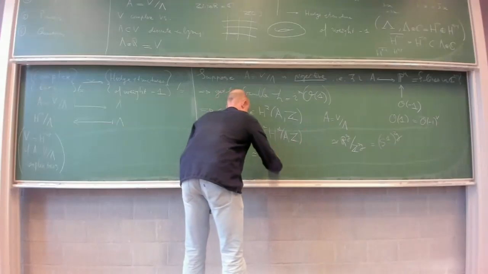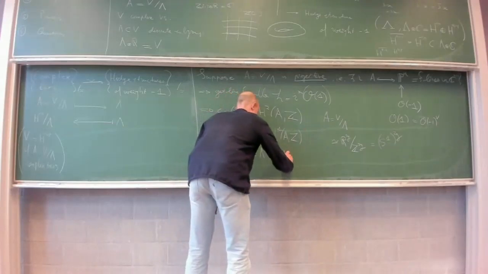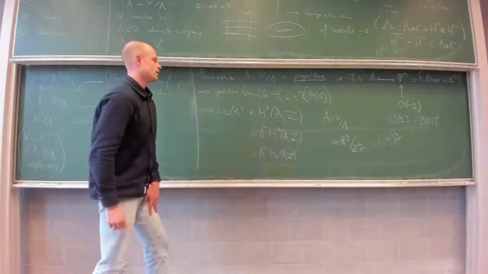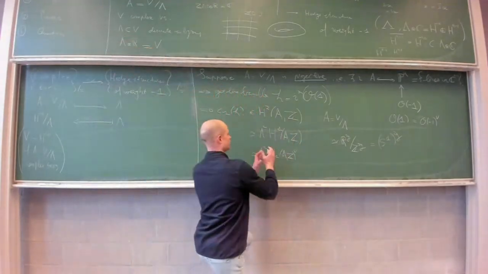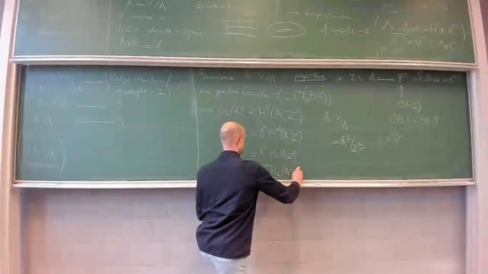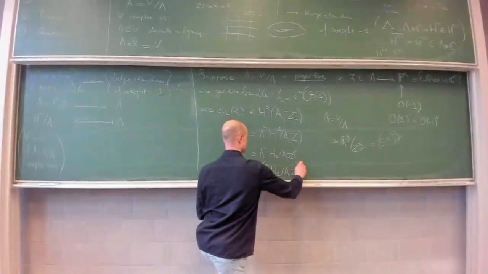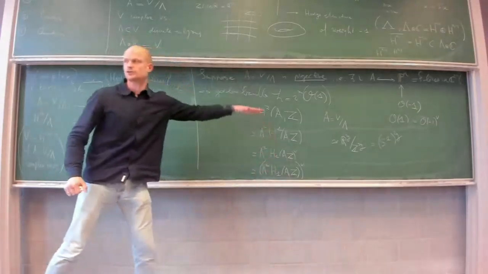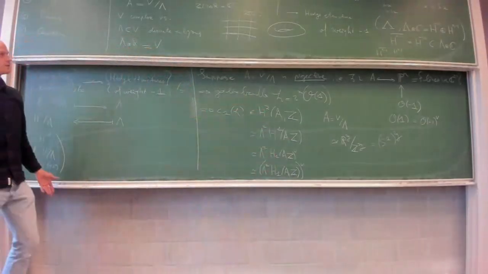So we get the second wedge power of the dual of H lower 1, and this dual we can take out. So then we get the dual of the second wedge power of H_1(Z). These are all canonical isomorphisms.